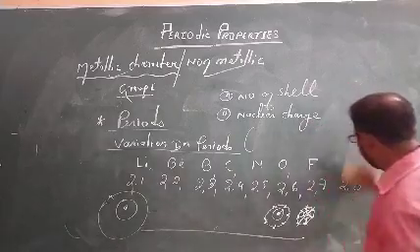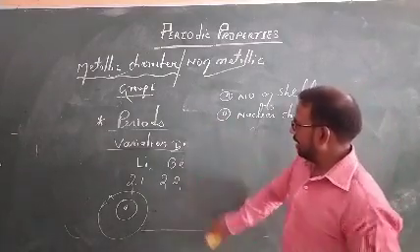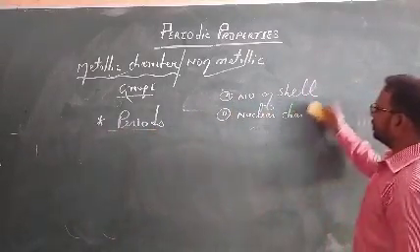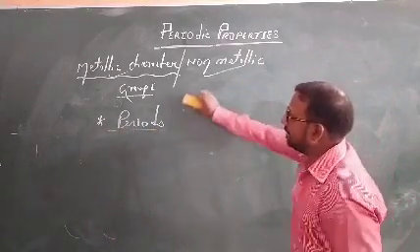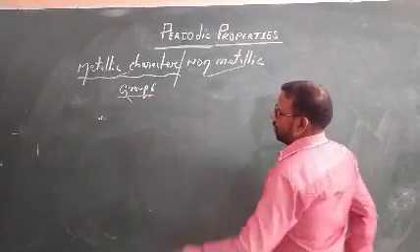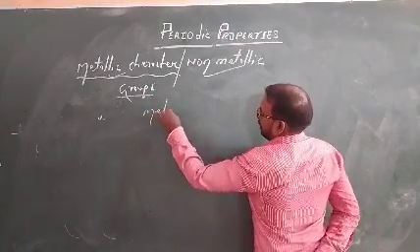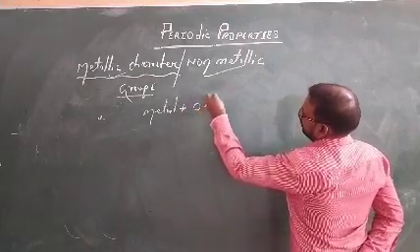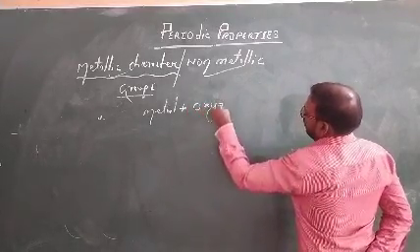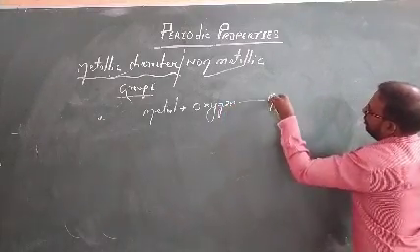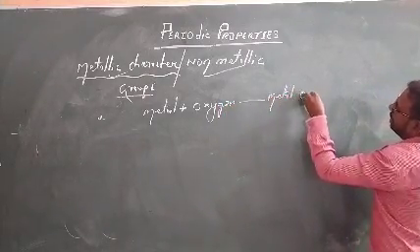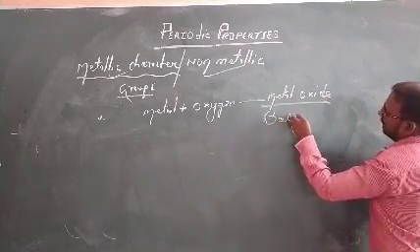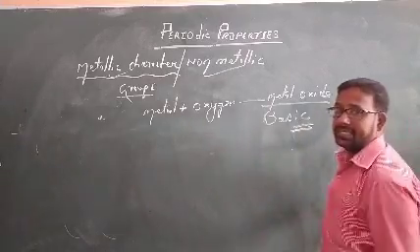Now one more thing: acidic and basic character. Actually, metallic character also determines the acidic and basic character. Whenever a metal combines with oxygen, it forms a metal oxide, and metallic oxides are basic in nature.